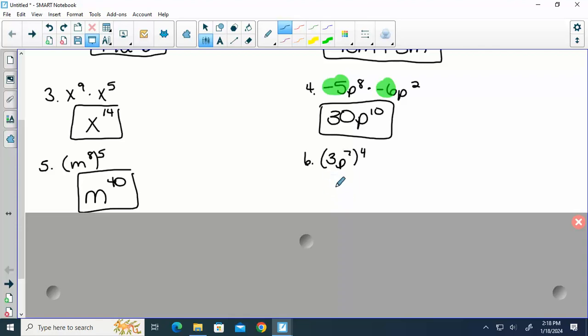So this is 3p to the 7th, all to the 4th power. So we have to take that 4th power to both parts. So what is 3 to the 4th? 81. And then it would be p to the 28. Multiply those powers.